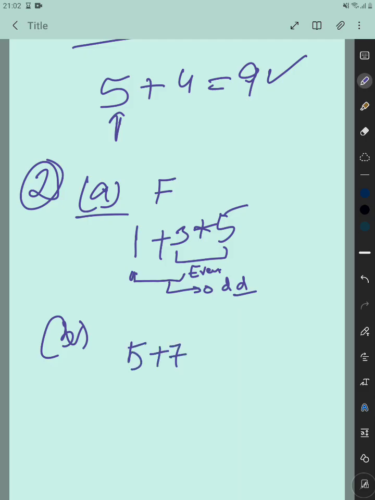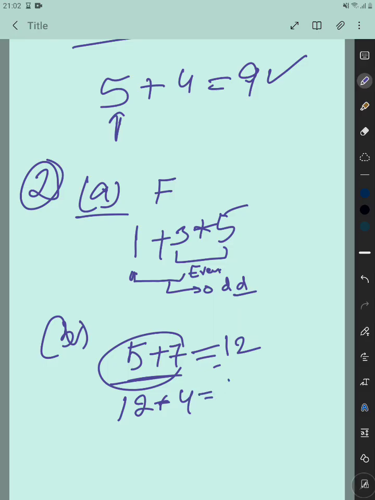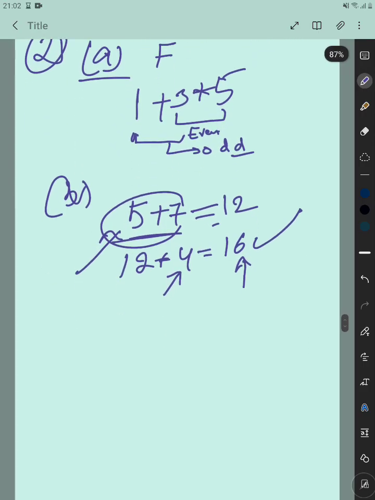The sum of two odd numbers will be 12. Take one even number also, 12 plus, suppose 4, so it will be an even number. So this is saying that the sum of two odd numbers and an even number will be an even number only. So this is true.